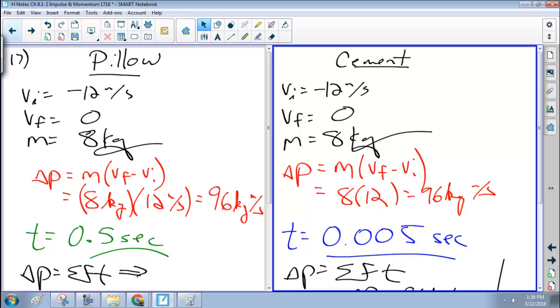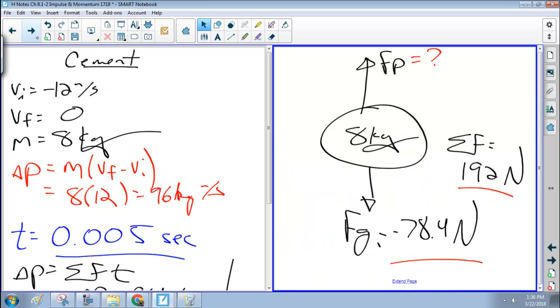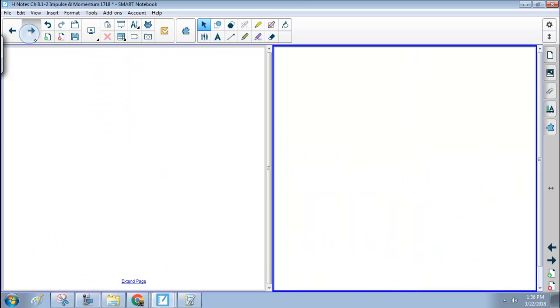All right? So in your note packet, you've got a page that looks like this. It says decreasing the force needed for a predetermined change in velocity, the airbag question. There are a gazillion examples of this.